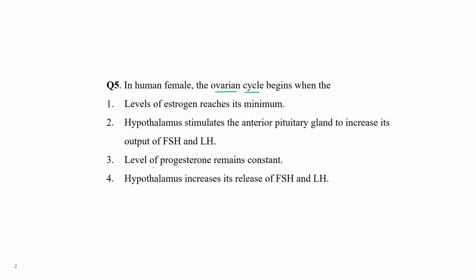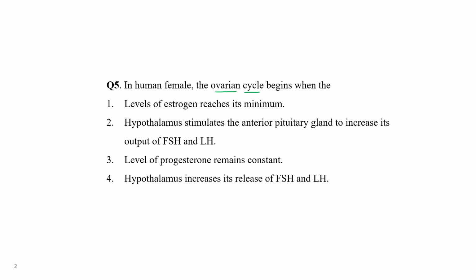Third, the level of progesterone remains constant. Fourth, the hypothalamus increases its release of follicle stimulating hormone and luteinizing hormone. Just take your time and then tell me the correct answer.